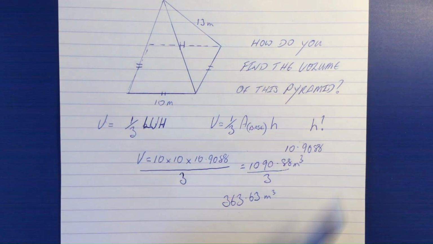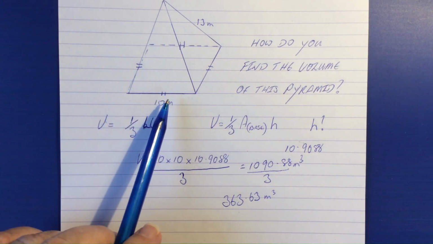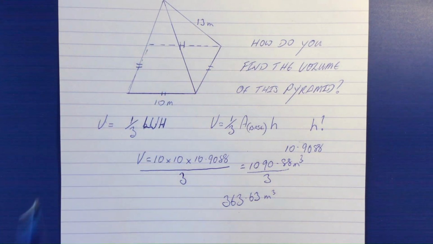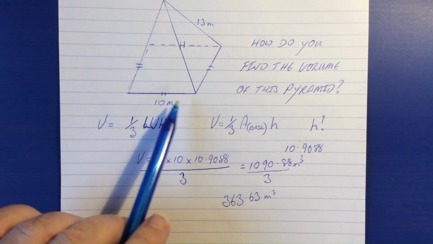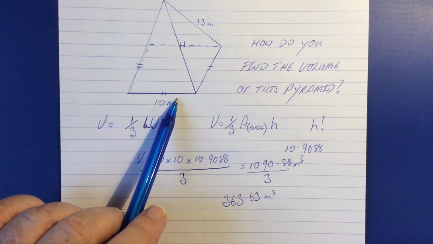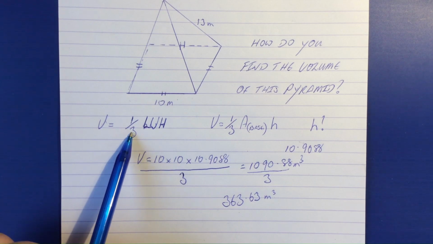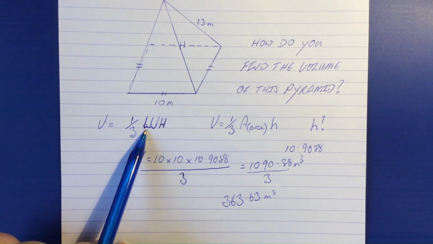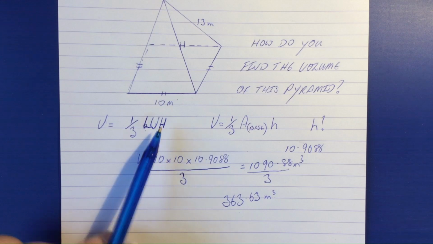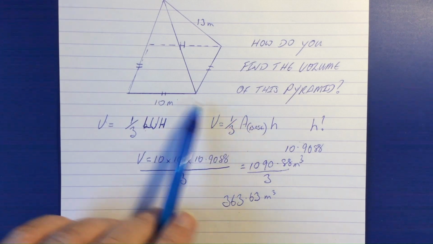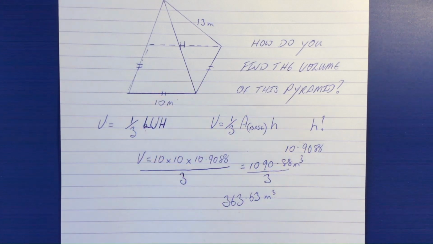So, in fact, had we known the height of this thing, we would have done this remarkably quickly. Now, the basic idea, just to go back over it, is that the volume of a pyramid like this is 1/3 times the length times the width times the height, or 1/3 of the area of the base times the height.